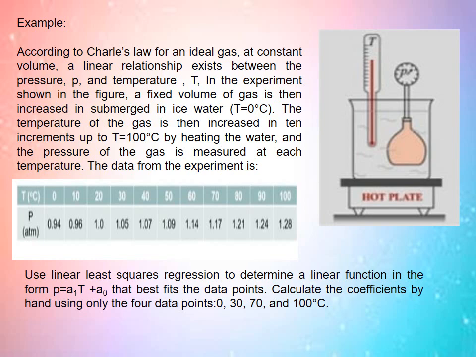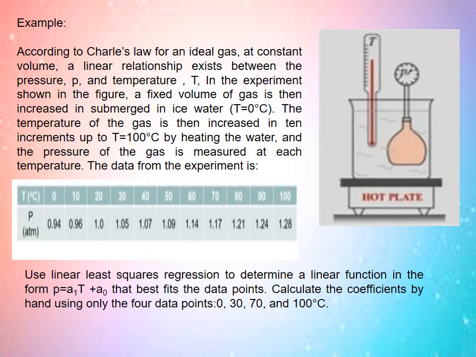The data from the experiment, if we look at the table, shows the temperature increasing by 10 each time: 0, 10, 20, 30, 40, up to 100. At each temperature, the pressure is also measured in terms of atmospheres.